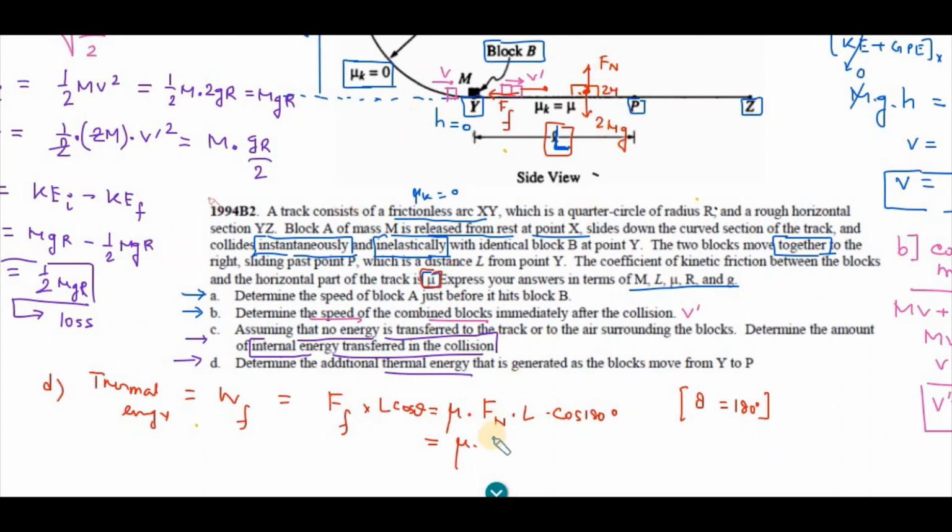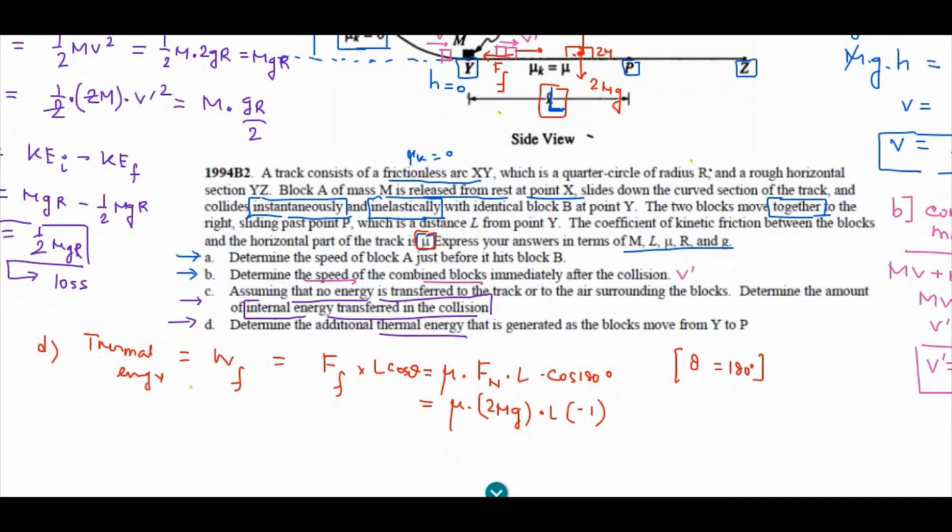So you can substitute Fn equal to twice m into g, times L into negative of 1. Cosine 180 degrees is negative 1. From there we get negative 2 mu m g L. That's the expression of the thermal energy, and the negative sign represents the amount of loss, in terms of joules.